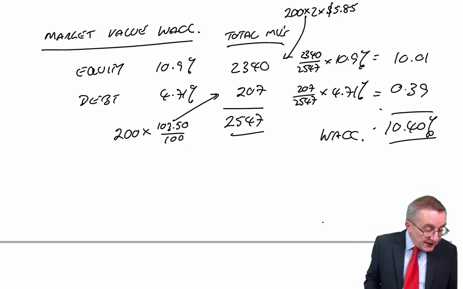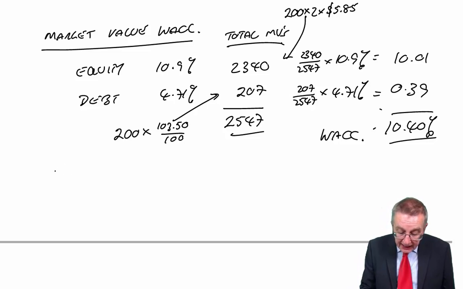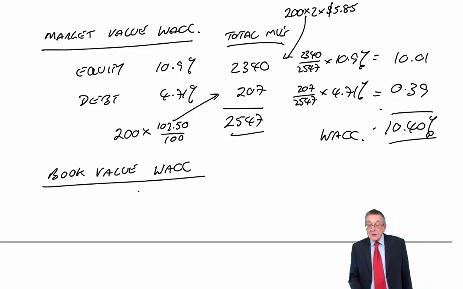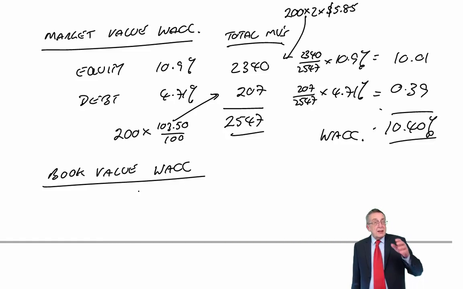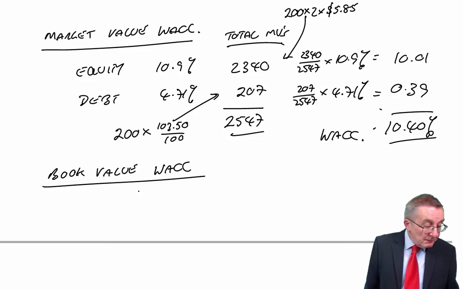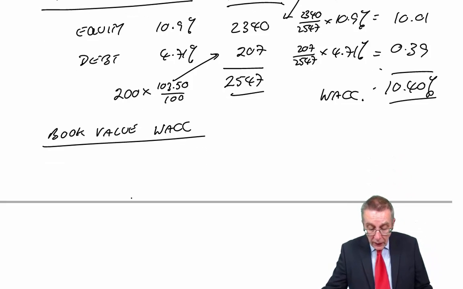Here, he specifically, though, asks you what the book value weighted average is. Now, it's very rare, and don't do this ever unless you are specifically asked for it. But all it means is we will take a weighted average just as before, but instead of using the market values of equity and debt, we'll use the values from the statement of financial position.